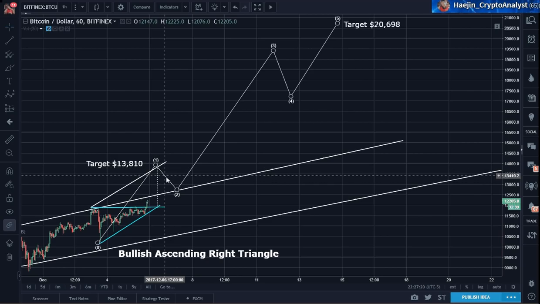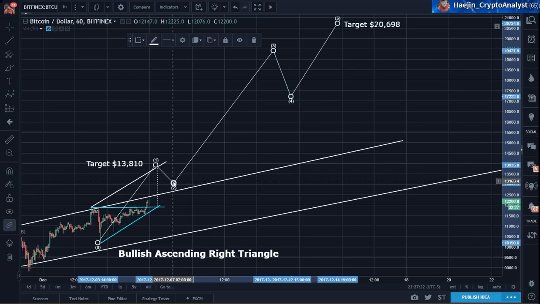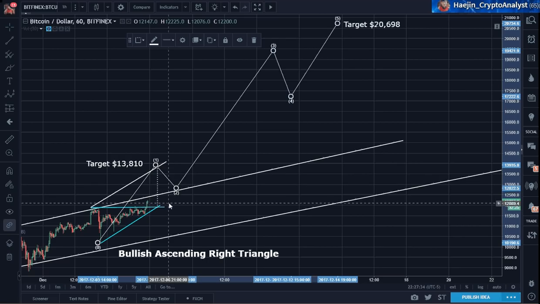Then we have a new decisive break where this will not fall back in. Maybe it might do a slight piercing. I don't know. Most likely, I think it'll just do a bounce. And then we're going to get a new trend up.